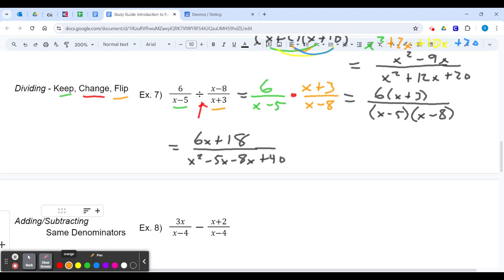And that comes from all of my distribution here: x times x, negative 5 times x, x times negative 8, and negative 5 times negative 8. And we can just combine like terms in that last part to get x squared minus 13x plus 40 on bottom and 6x plus 18 on top.